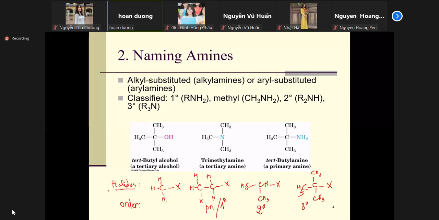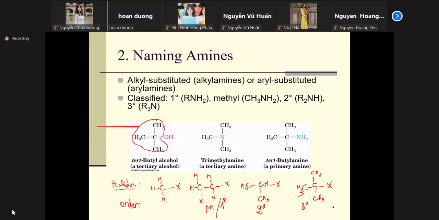And now we come back here with the amine. Now we come back with the alcohol. You see the alcohol here is almost the same as the halide, right? And input like this. You see this one. So C here is bonded with OH, and we call it tertiary alcohol, and this is kind of third, right?